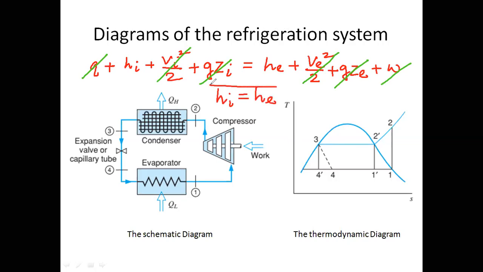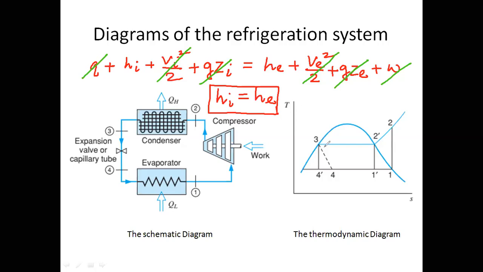That is, the enthalpy at the inlet is equal to the enthalpy at the exit. So for an expansion valve or capillary tube, the process is also known as throttling process. For a throttling process, the enthalpy at the inlet and the enthalpy at the exit are the same.